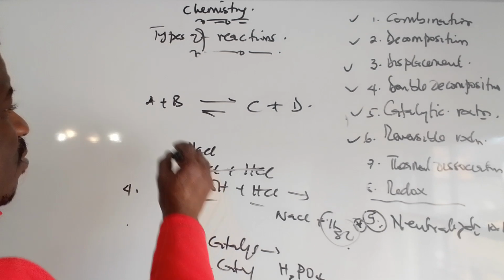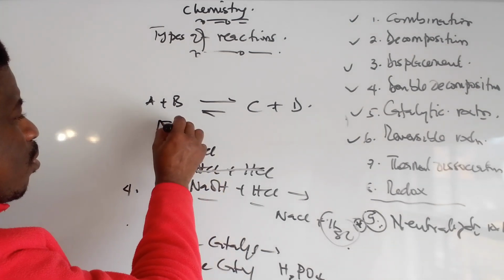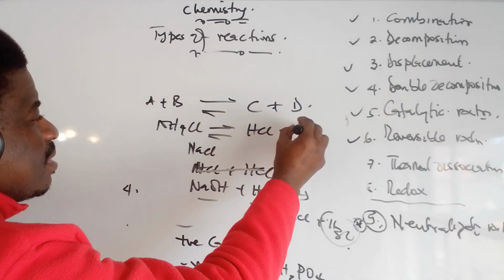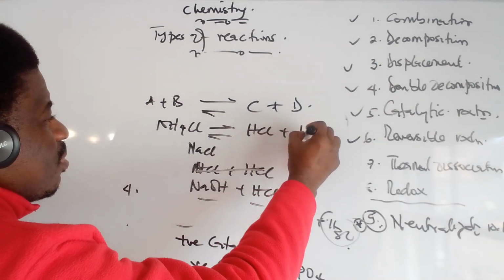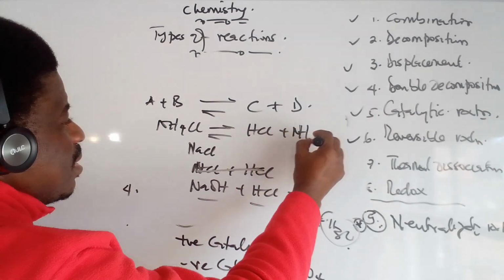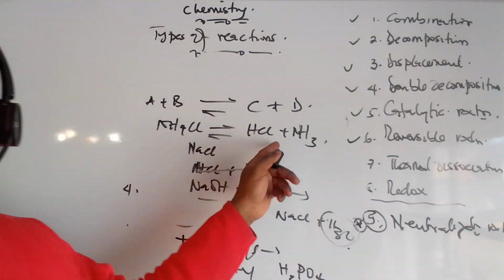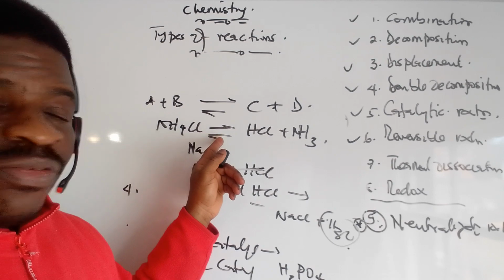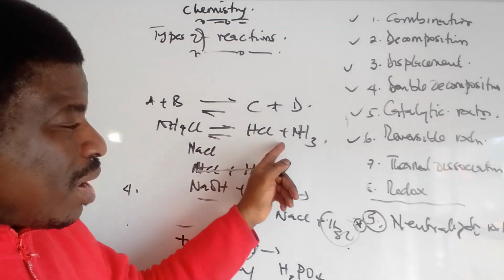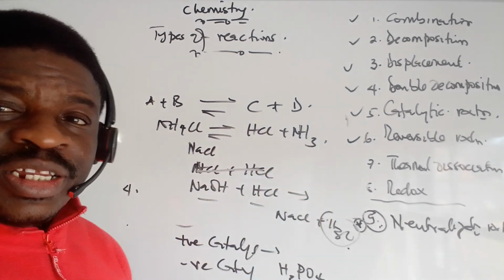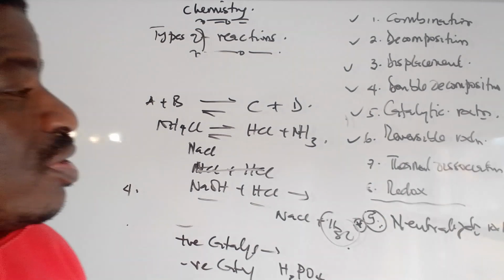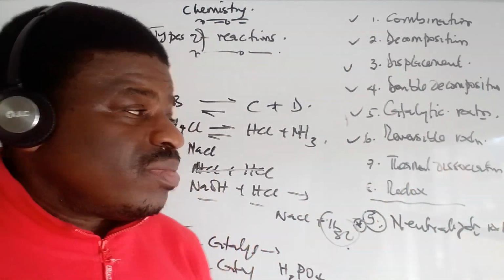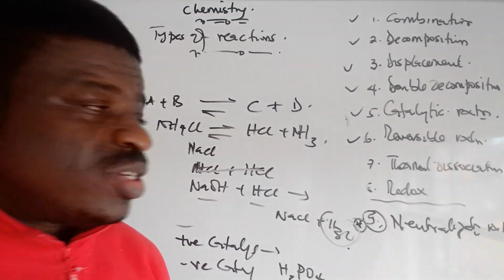So when you have something like ammonium chloride, ammonium chloride dissociates, heat is involved. So this is thermal dissociation. Thermal dissociation is a reaction whereby heat is involved, one, and secondly, it is reversible. We call it thermal dissociation.